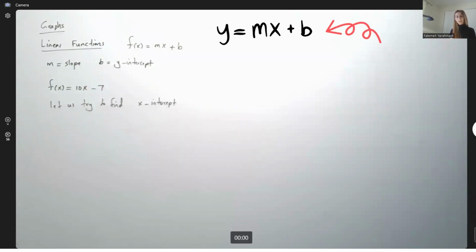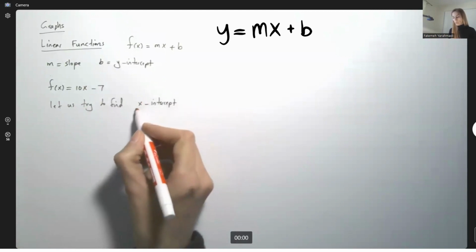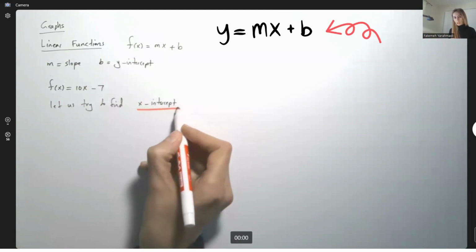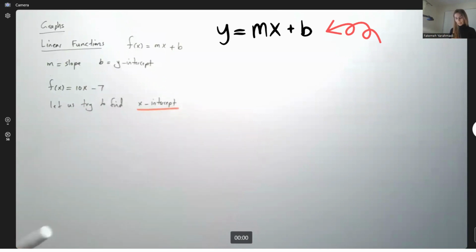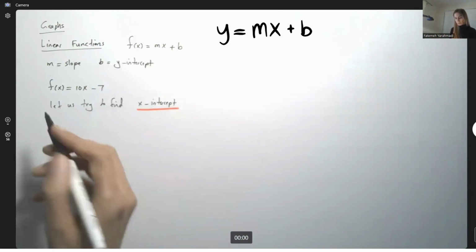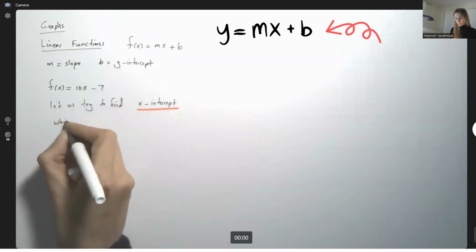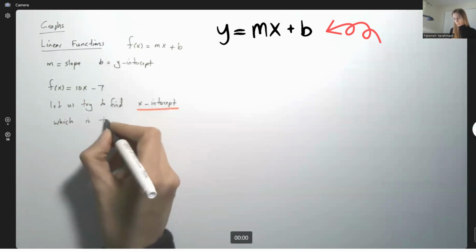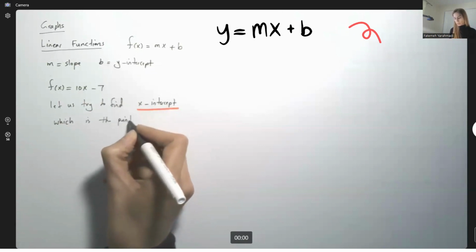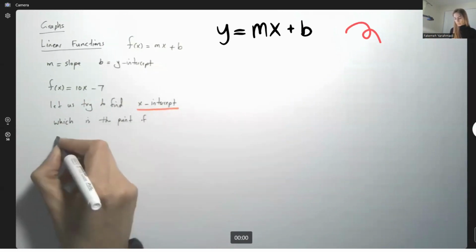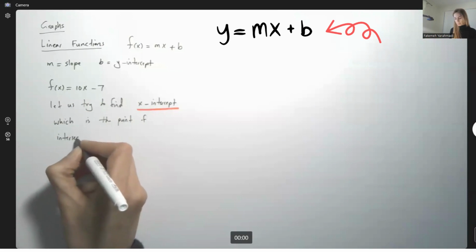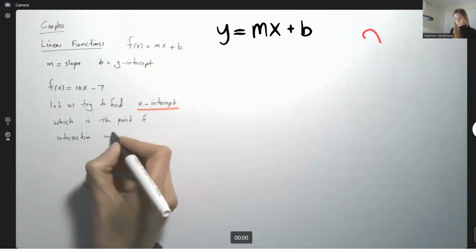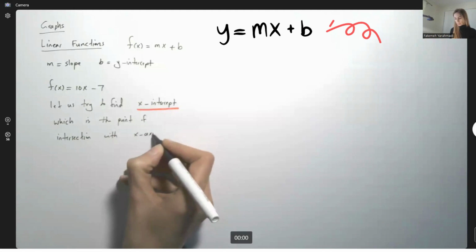What is the x-intercept? The x-intercept is actually the point of intersection of the graph with the x-axis, or sometimes you have multiple intercepts, which is the point of intersection with the x-axis.